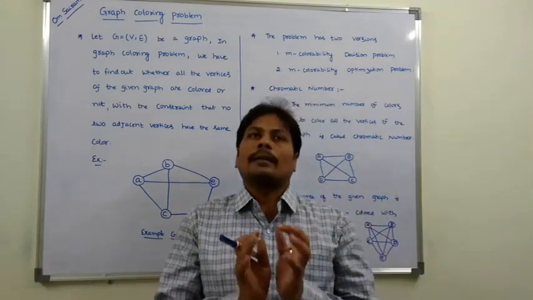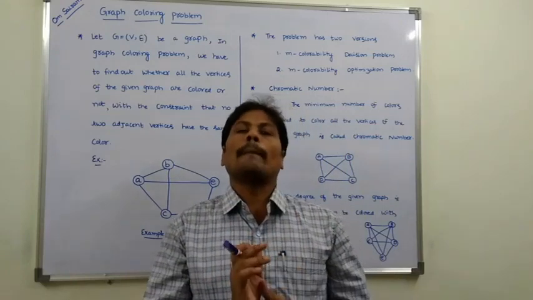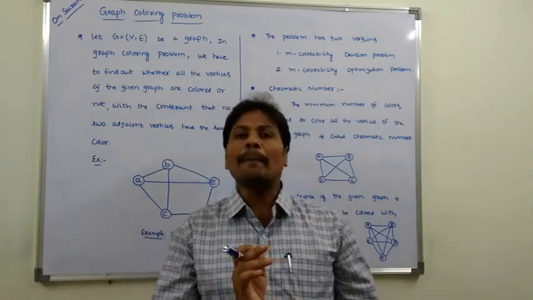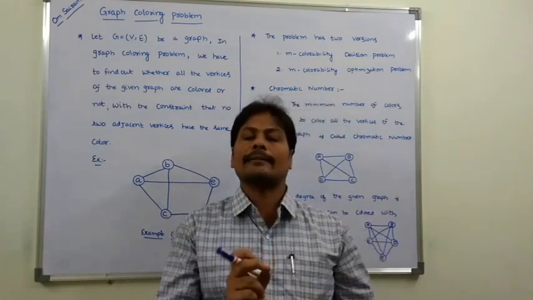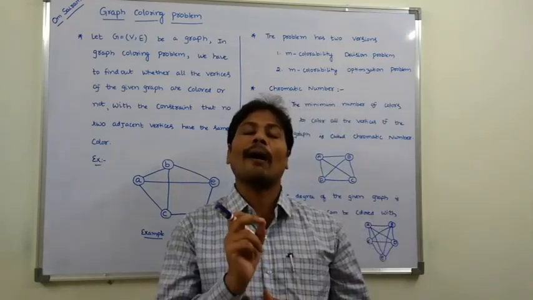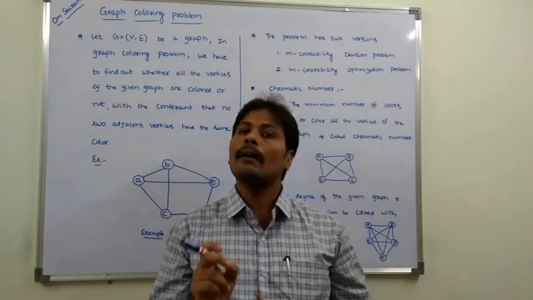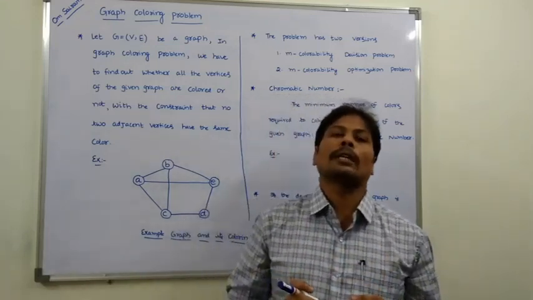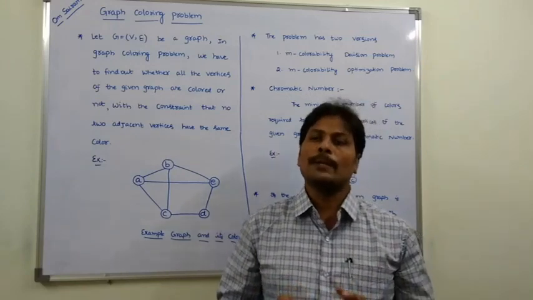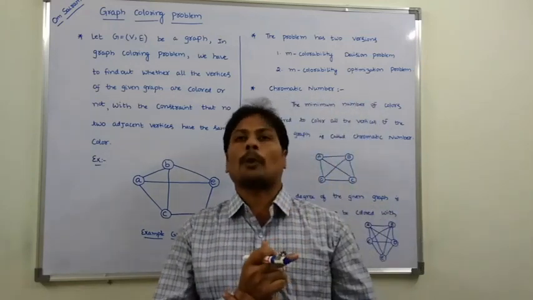Here the graph coloring problem may require minimum result, that is, the minimum number of colors required to color all the vertices of the given graph. Now we are discussing the graph coloring problem. So what is graph coloring problem?